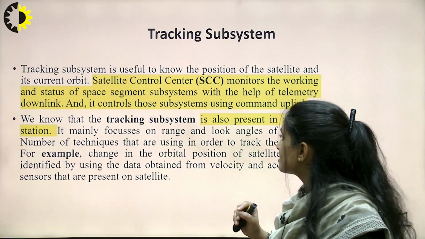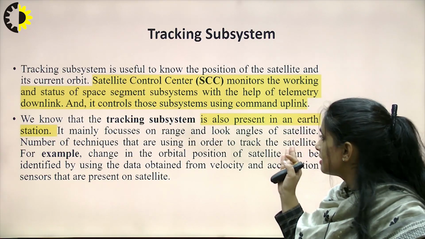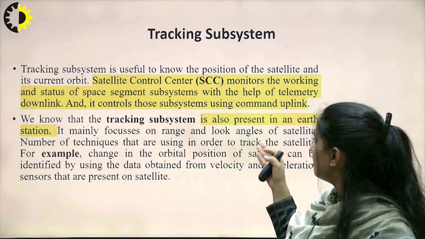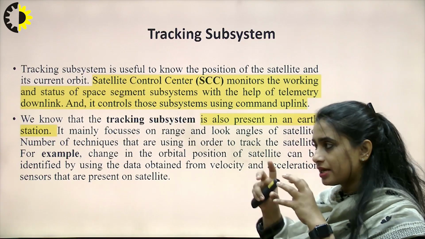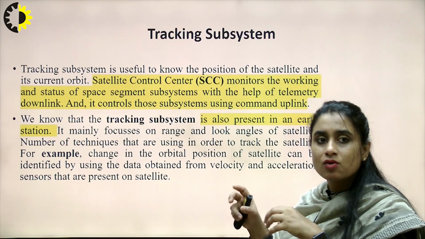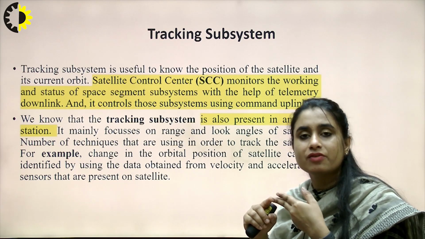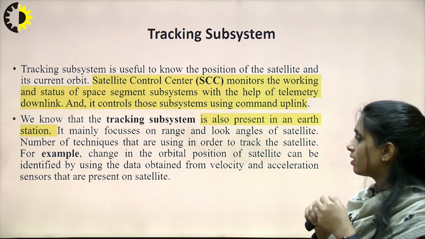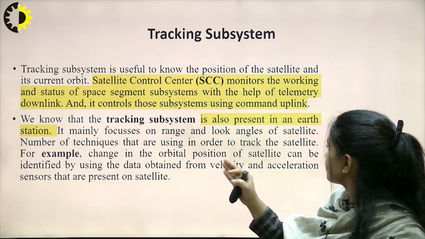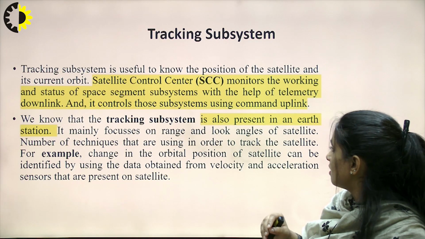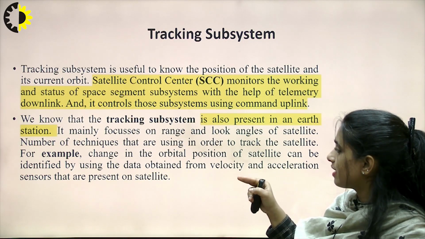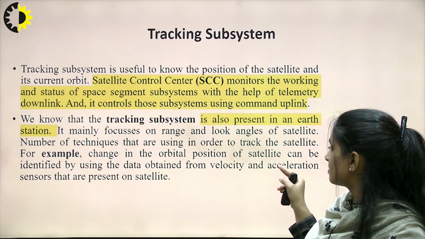We know that the tracking subsystem is also present in an earth station. It mainly focuses on the range and look angles of the satellite: whether the range of the satellite is correct, and whether the look angles, azimuth and elevation angle, are accurate as per the requirement. For example, a change in the orbital position of the satellite can be identified by using the data obtained from the velocity and acceleration.